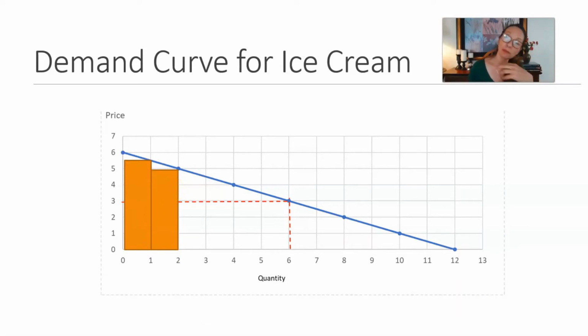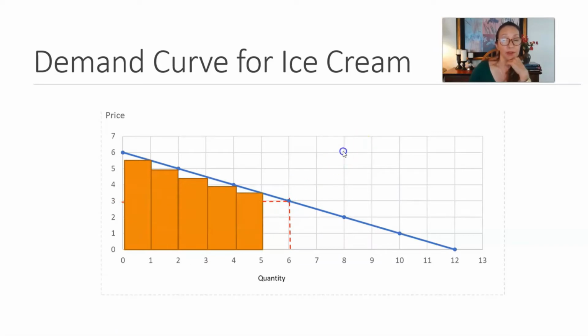Why? Because the marginal benefit starts to decrease. How about the third ice cream cone? Not so much, $4.50. Fourth ice cream cone is valued at $4. The fifth valued at $3.50. The sixth valued at $3.